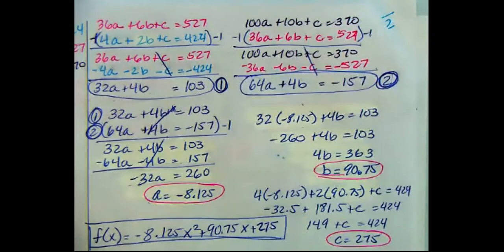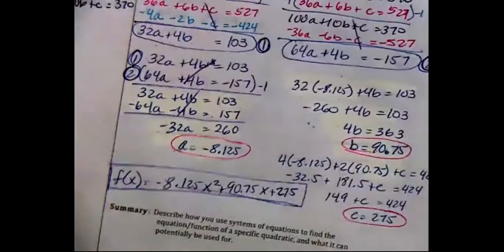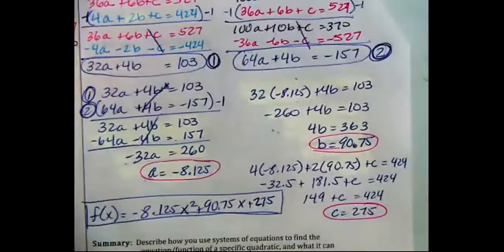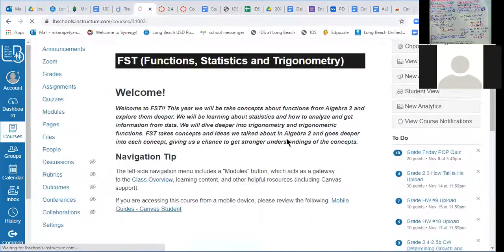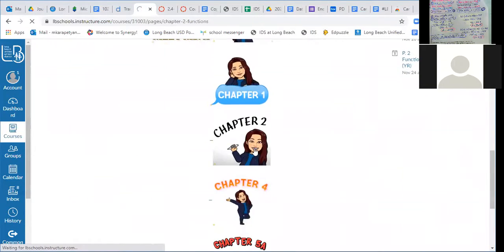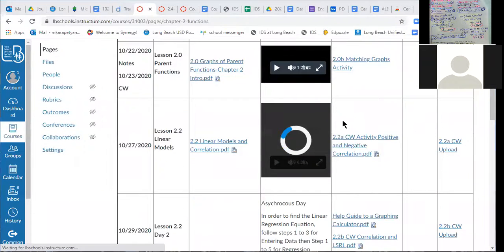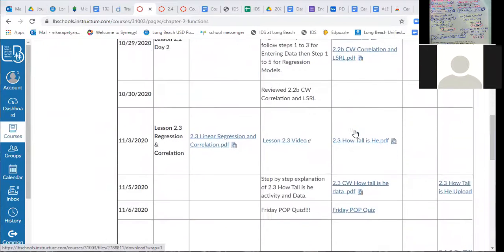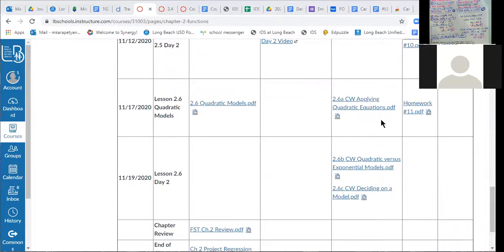All right. So you guys have work. Let's see here, on our chapter 2 page, 2.6.